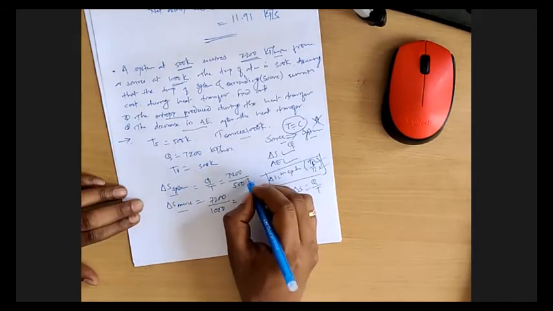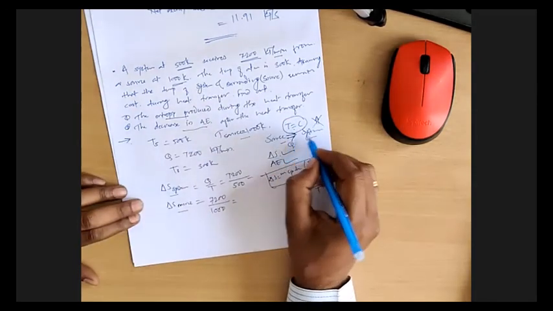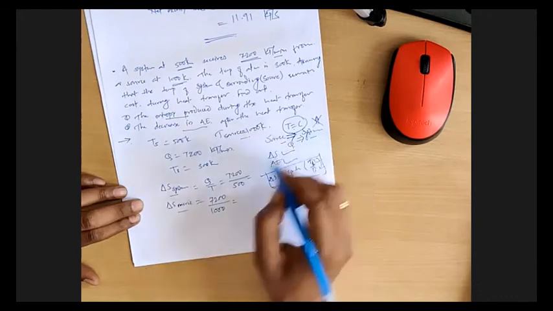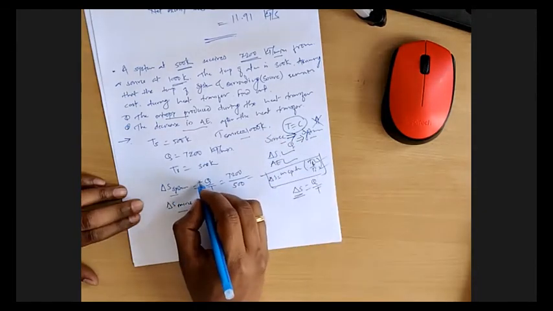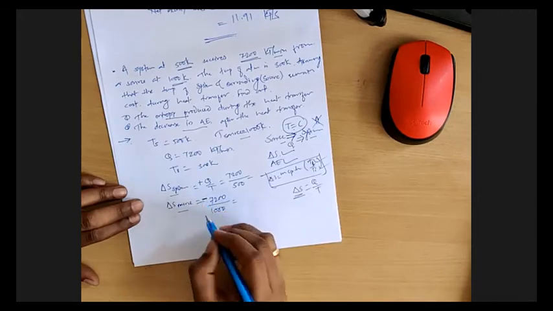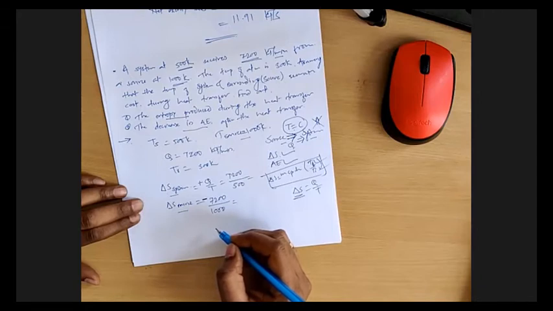The source is going to lose the heat, system is going to gain the heat. So for system it will be positive, and for source it is going to be negative because it loses the heat. Is that fine with everyone?